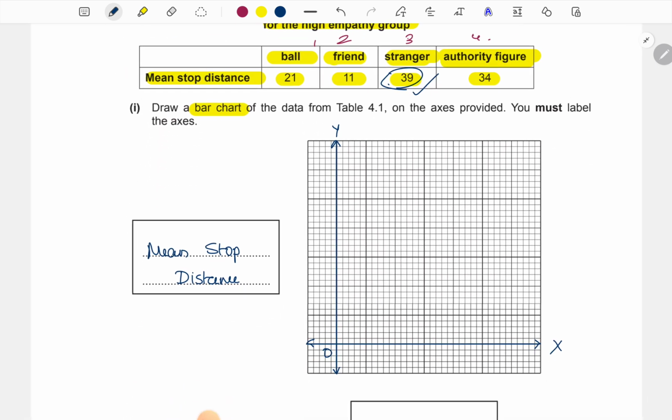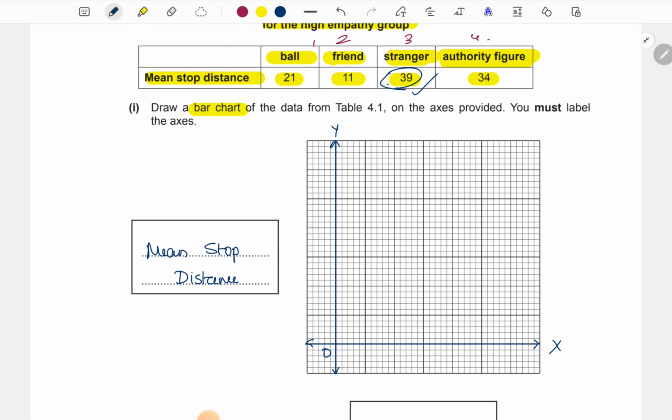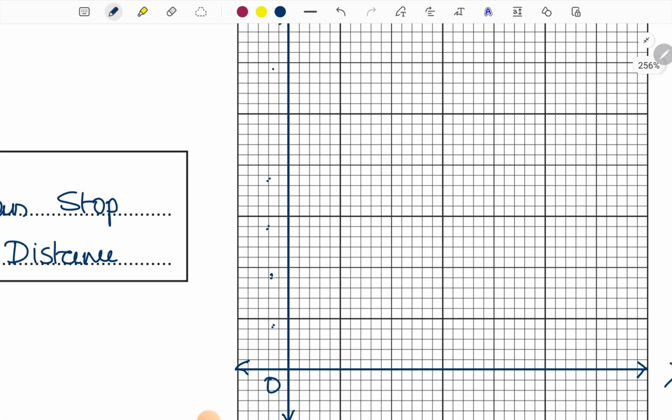So we have to take the y-axis to a point that we can cover up to 39. What if I take a scale of 5? Mentally I can check before actually drawing. So 5, 10, 15, 20, 25, 30. Doesn't look like I'll be able to fit in. So let me take 10, 20, 30, 40.